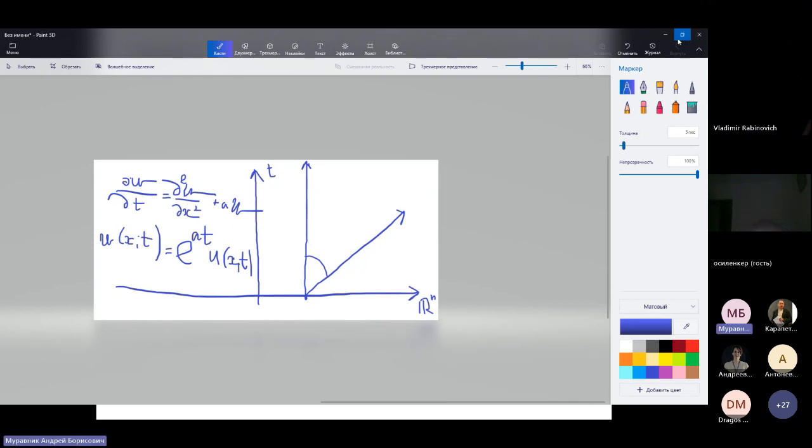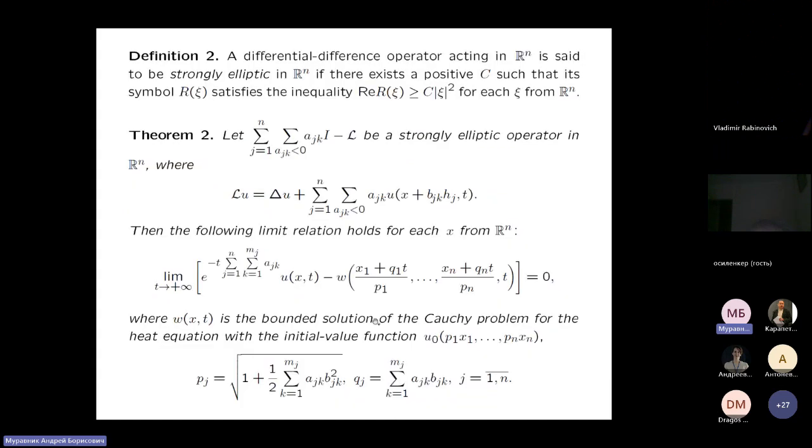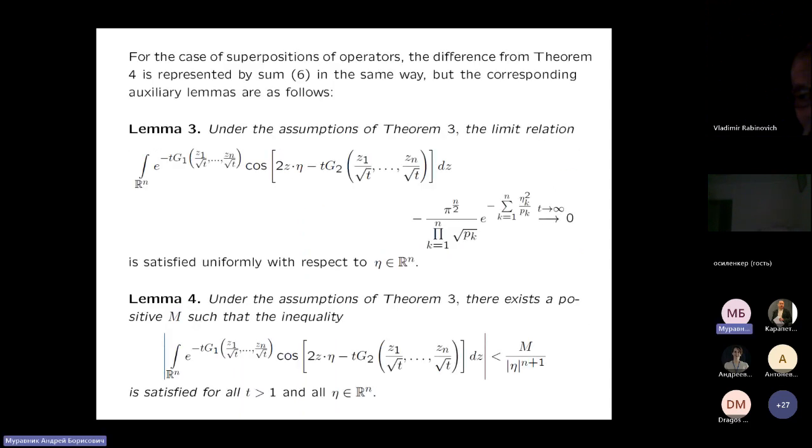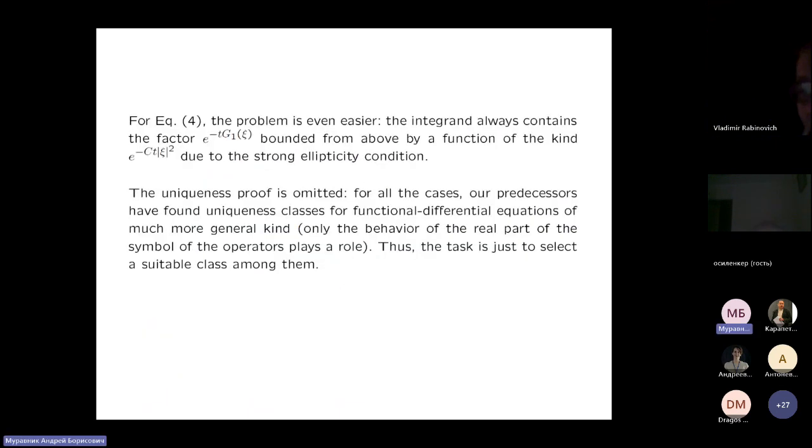The same takes place in the differential difference case. We have an equation with potential terms, but they are non-local.